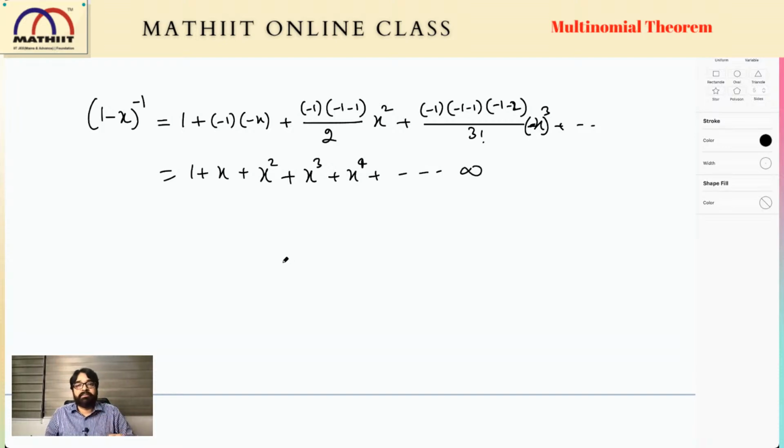In GP, some of you never studied. From here you can see one formula we developed: 1 plus x plus x square plus x cube plus so on up to infinity is always equal to 1 by 1 minus x.